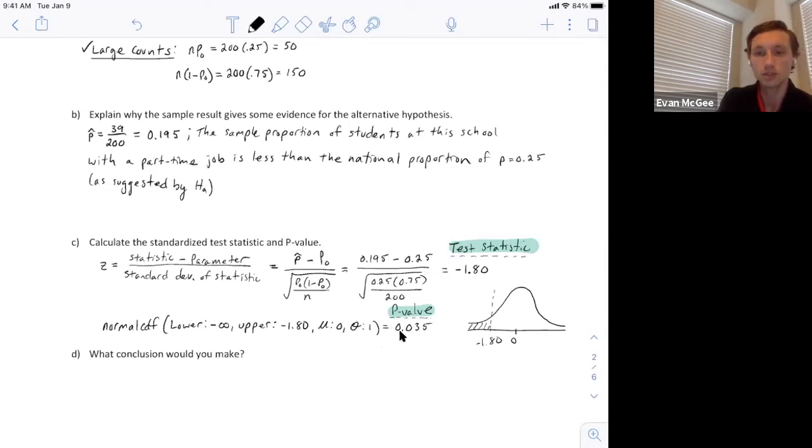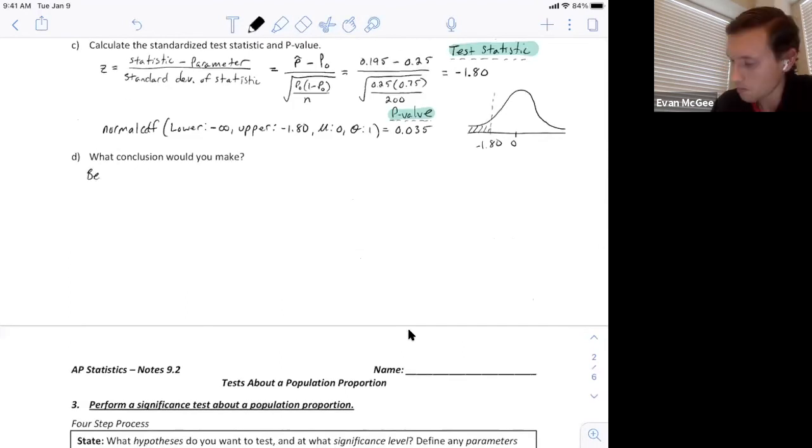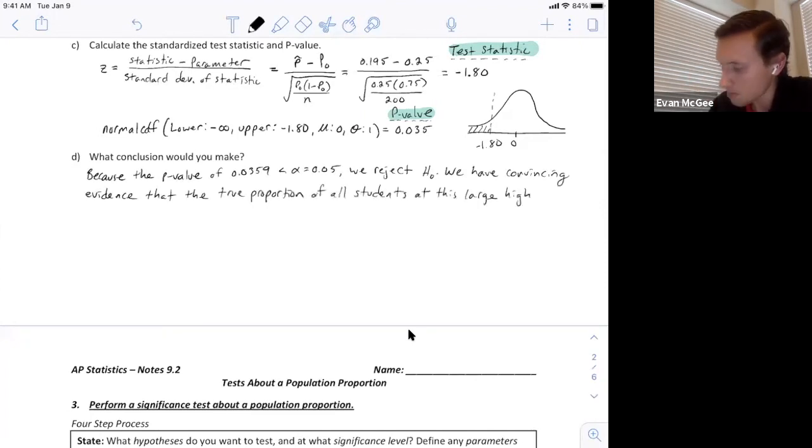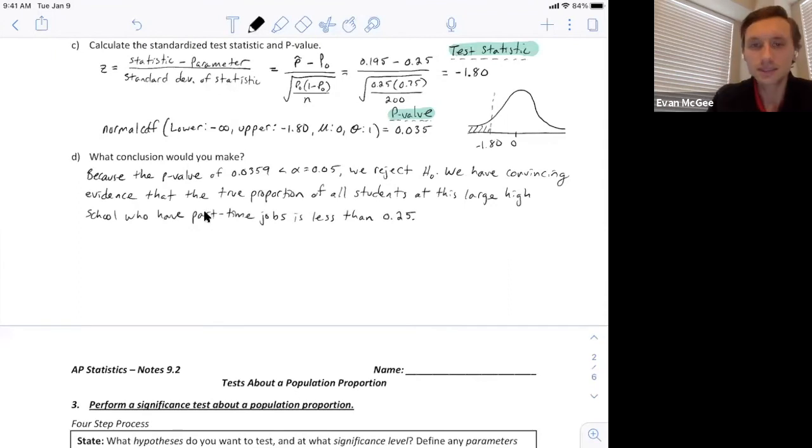Well, all we do is we measure our p-value against the alpha level, which was 0.05. In that case, our p-value is smaller than our alpha level, so we're going to reject the null. Since our p-value of 0.0359 is less than our alpha level of 0.05, we reject the null.